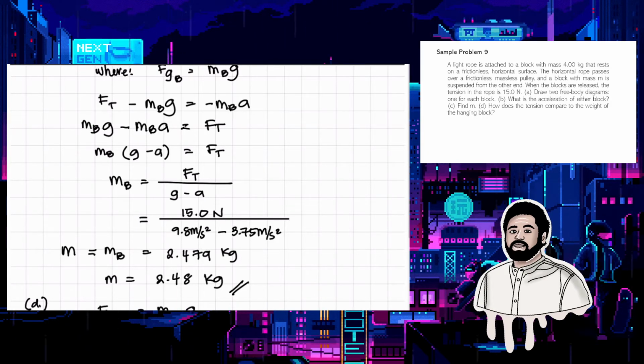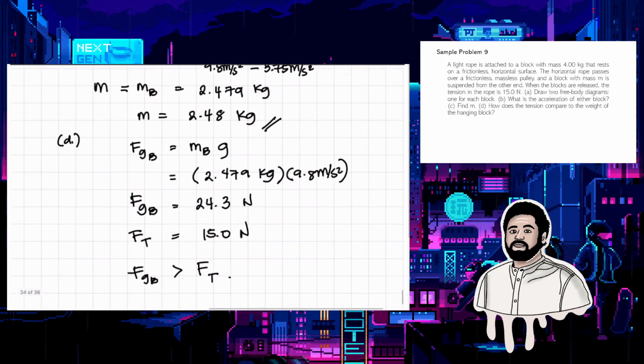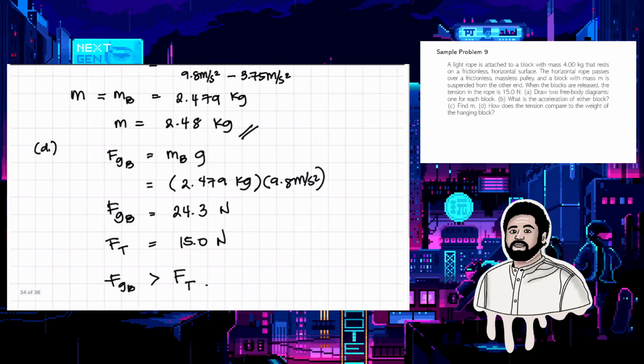Okay? For letter D, how does the tension compare to the weight of the block? So solving for the weight of the block, FGB is equal to MG, so that is 24.3 newtons. Comparing it with FT, 15 newtons, as you can see, the weight of block B is heavier compared to the tension force of 15 newtons.